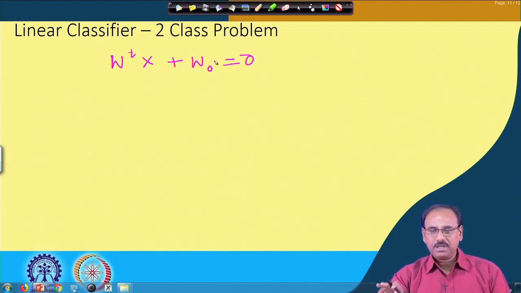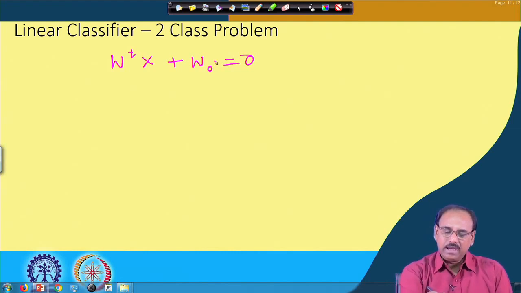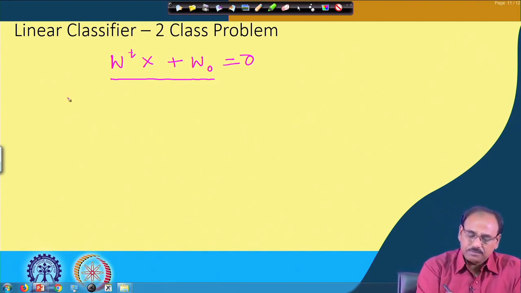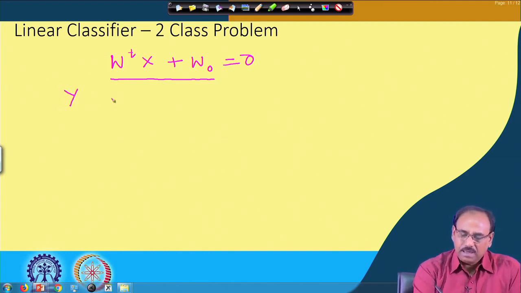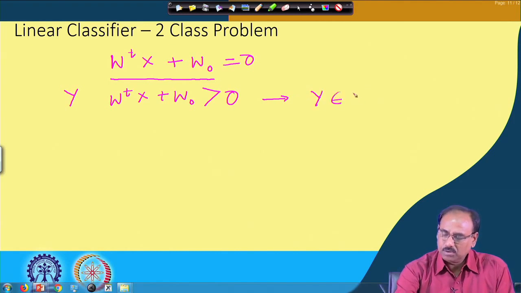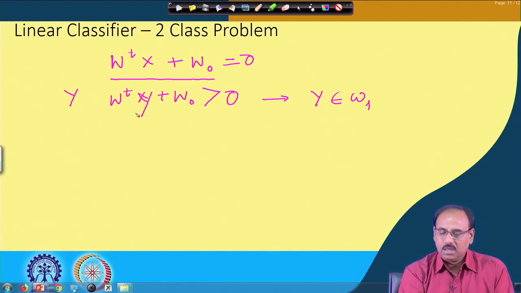So, if we say that the feature vectors taken from class omega 1 belong to the positive half space, and the feature vectors taken from class omega 2 fall in the negative half space, then once I design such a classifier or separating plane, for an unknown feature vector, say y, if w transpose y plus w naught becomes greater than 0, we take a decision that y should belong to class omega 1, because y is falling on the positive half space.